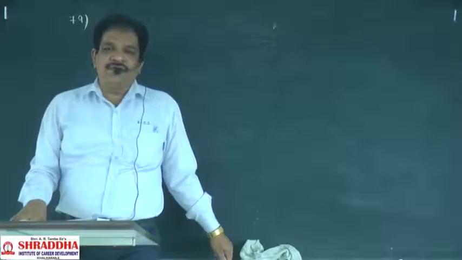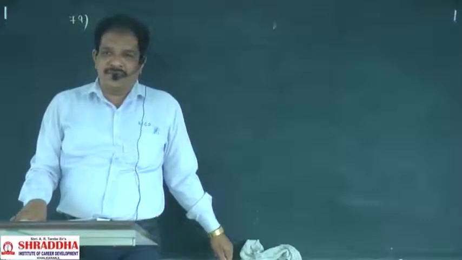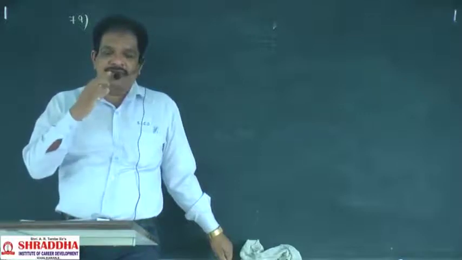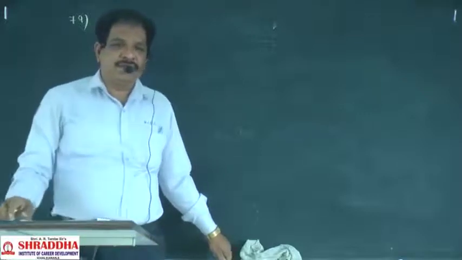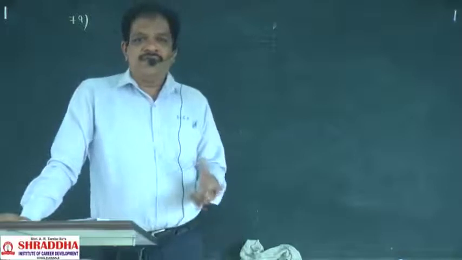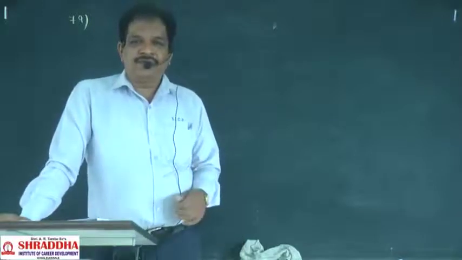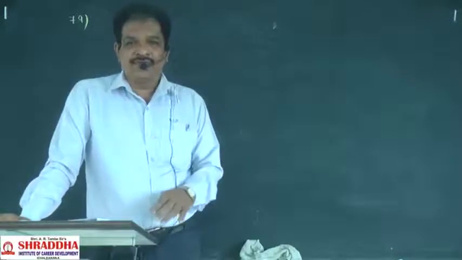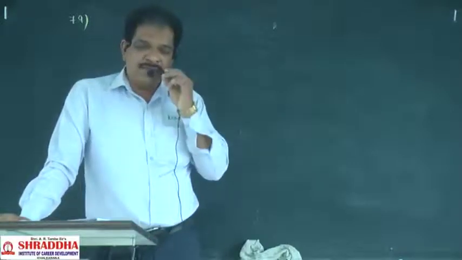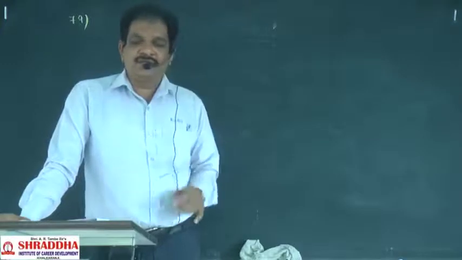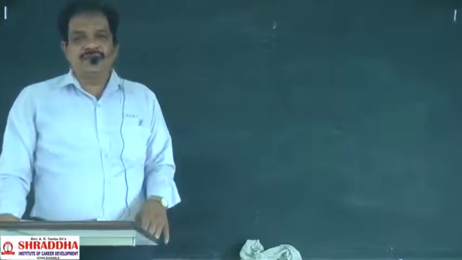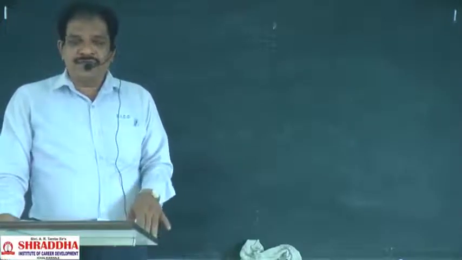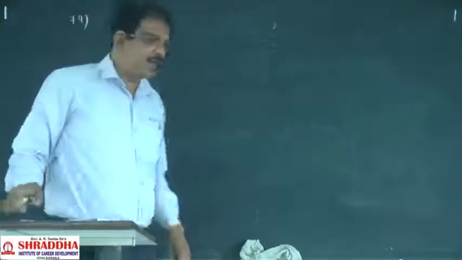Smallest unit of energy will be electron volt. 1 electron volt is equal to 1.6 into 10 power minus 19 joules, not coulombs. That will be the smallest unit of energy, electron volt. Largest unit of energy will be kilowatt hour.